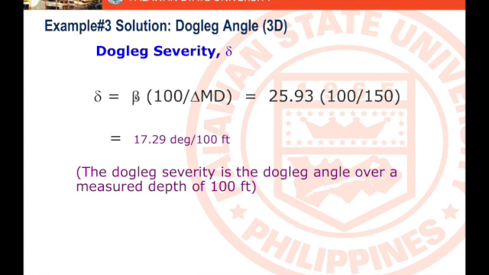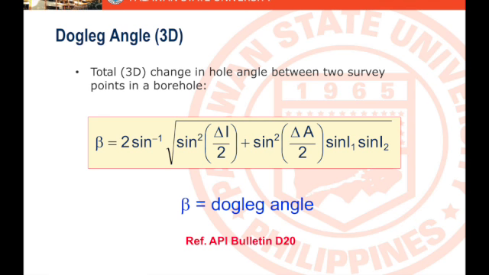So our dogleg angle times 100 divided by 150 gives us the dogleg severity of 17.29 degrees per 100 feet. Remember, the dogleg angle is different from your dogleg severity. For dogleg severity, you need to divide by the course length and multiply by 100 since you are measuring degrees per 100 feet. So the first equation from API Bulletin D20 that we introduced is for solving the dogleg angle.